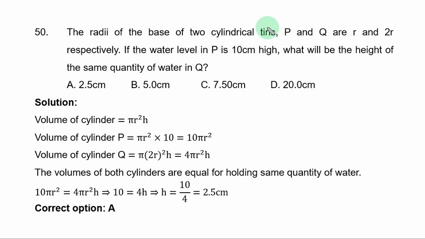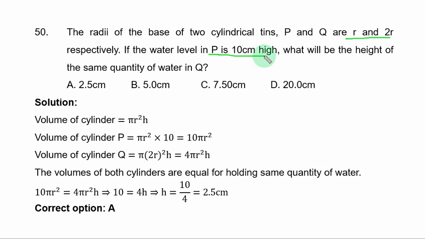Question 50. The radii of the base of two tanks in form of cylinders P and Q are r and 2r respectively. If the water level in P is 10 cm high, what will be the height of the same quantity of water in Q?